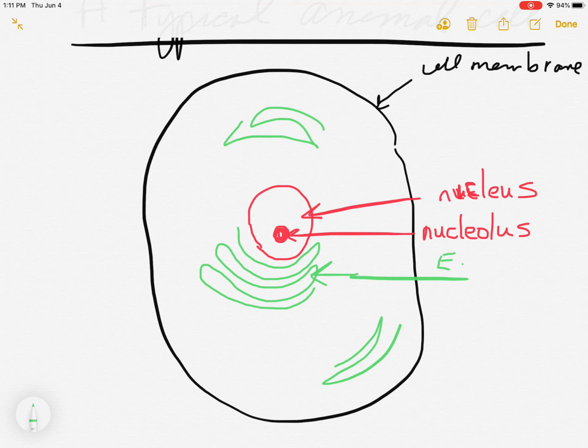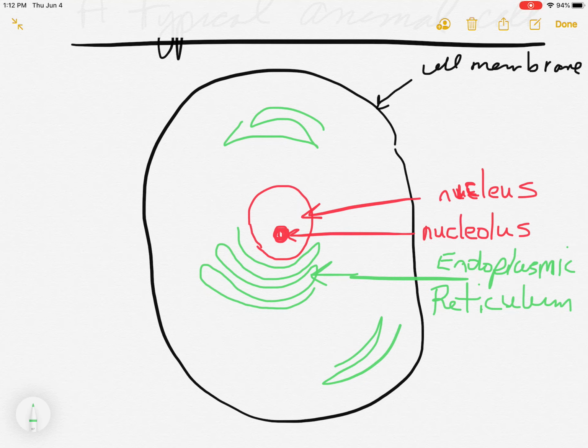So endoplasmic reticulum. See, I just sharpened the carrot, and I've discovered that when you just sharpen it, it's almost too damp and fresh.